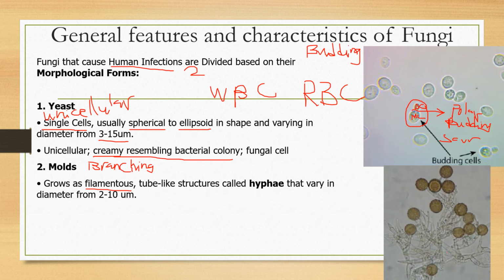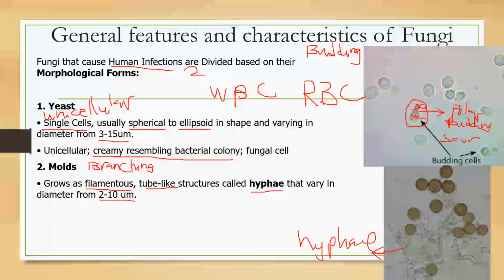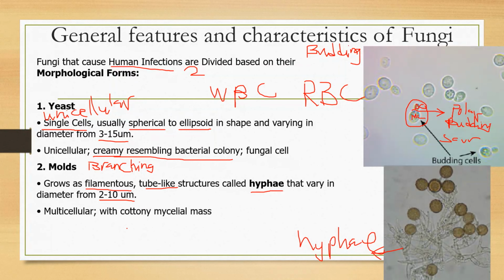They tend to produce these filamentous or branching tube-like structures that are known as your hyphae. So this root-like, branching, tube-like structure that you see, these are known as your hyphae, that can vary in a diameter of 2 to 10 micrometers. They are multicellular with cottony mycelial mass.